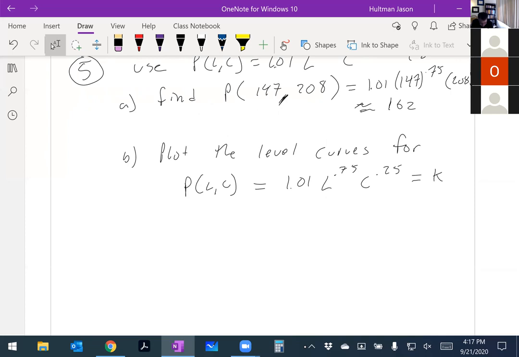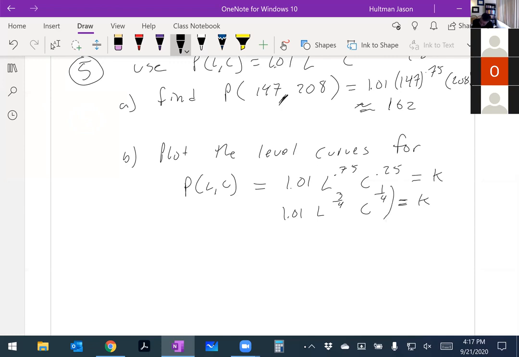Okay, so the idea here is that I'm going to get 1.01. This is L to the 3/4, C to the 1/4 equals K, right? I would like to not deal with fractional exponents if I don't have to.